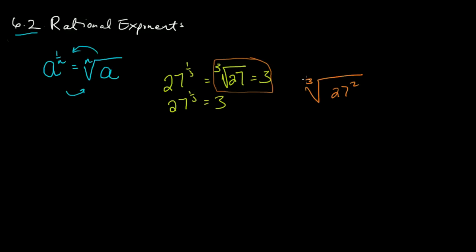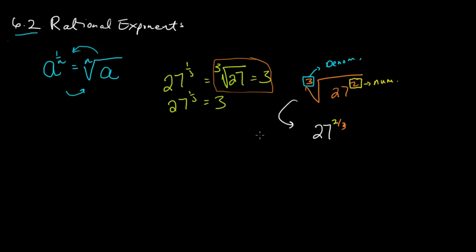And when we do that, we have to remember that the index number is the denominator of our rational exponent, and that the exponent underneath the radical, the exponent of the radicand, as it were, is the numerator of my rational exponent. So I can rewrite this as saying 27 to the 2/3 power.